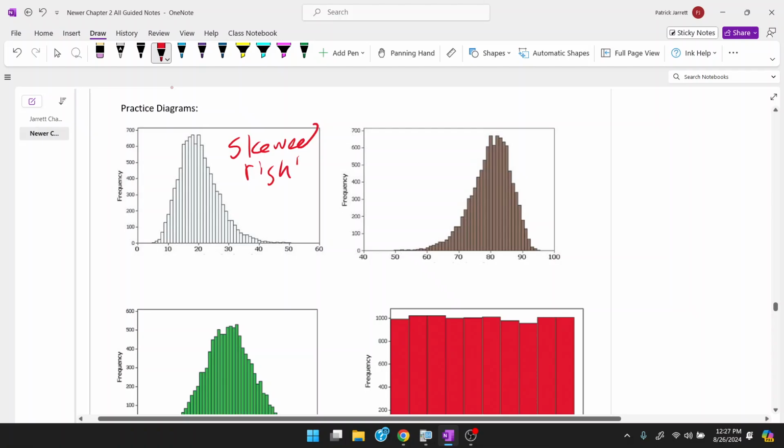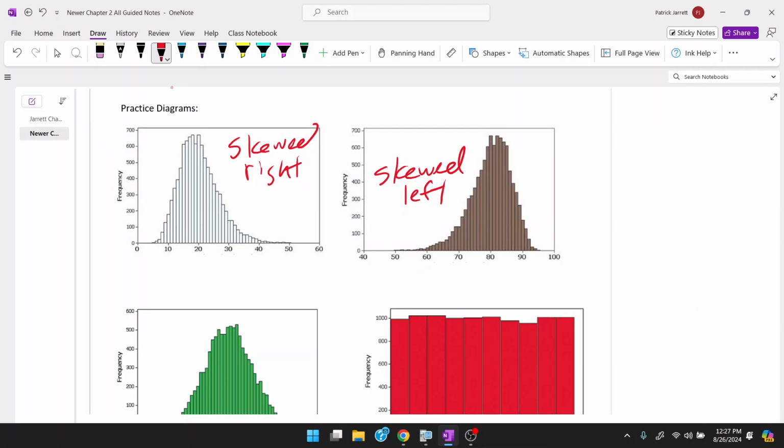How about this brown one? I would call it skewed left. Any questions about these? Just remember, look for the longer side for the tail. And the ones that I give you on a test are going to be much more blatant.